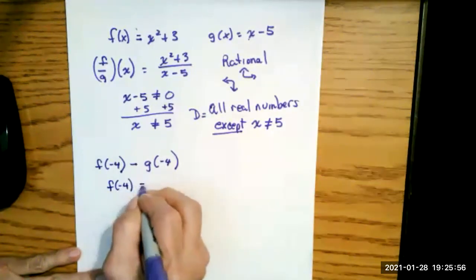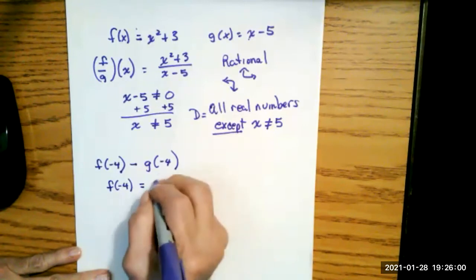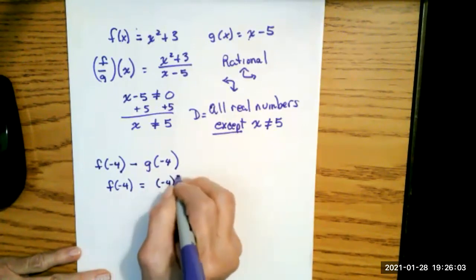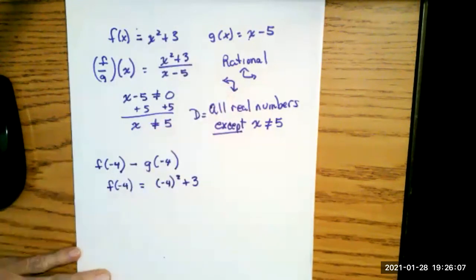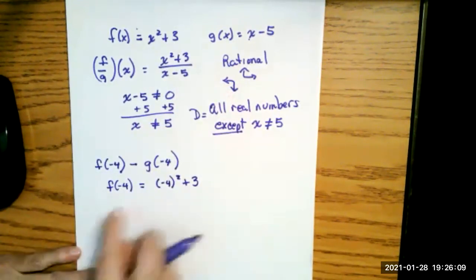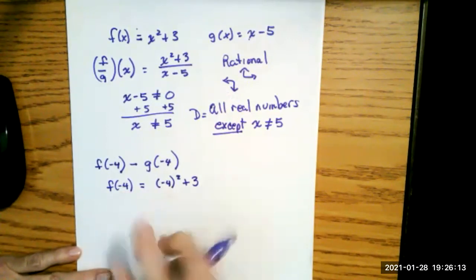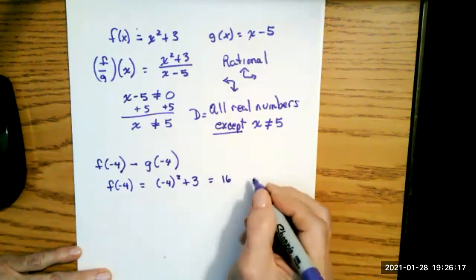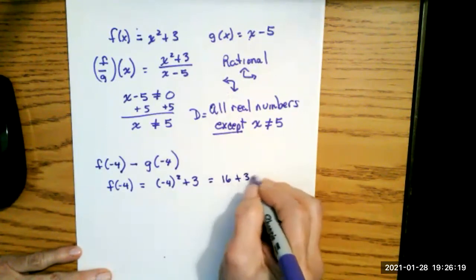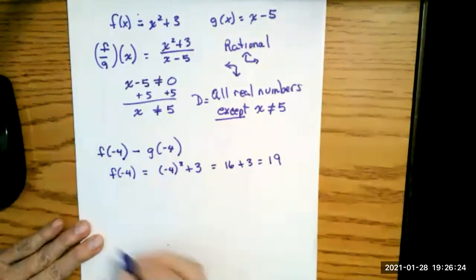That means I'm going to put -4 in for x in the f function. So I have -4 squared plus 3. Now, -4 squared is positive 16 because -4 times -4 is positive 16. When I add 3, I get 19.